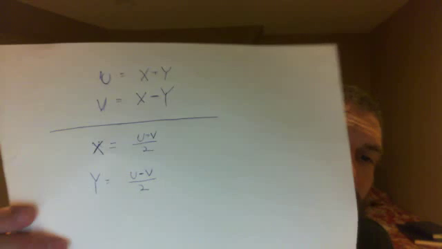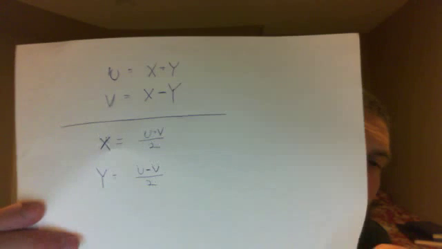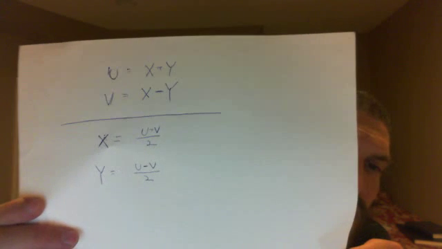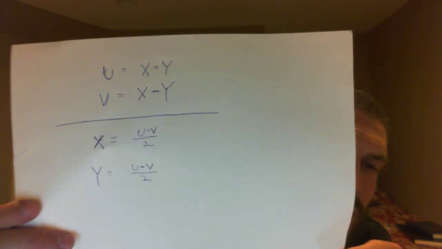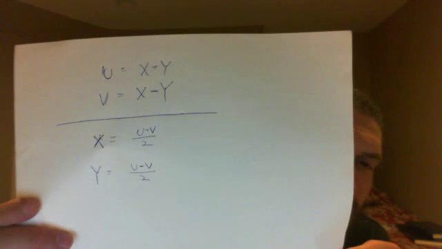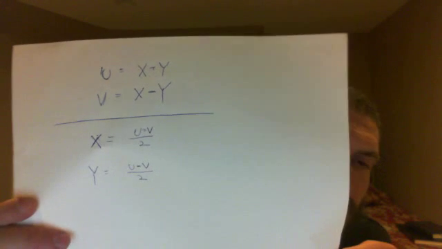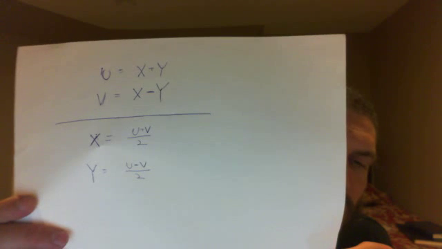To understand why this works, U plus V will be x plus y plus x minus y. That cancels out, so you just have 2x. 2x divided by 2 is x. Next, y is equal to U minus V over 2.